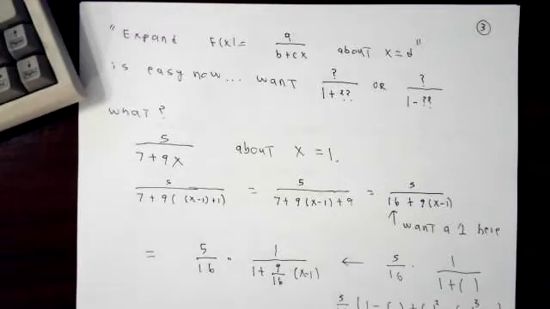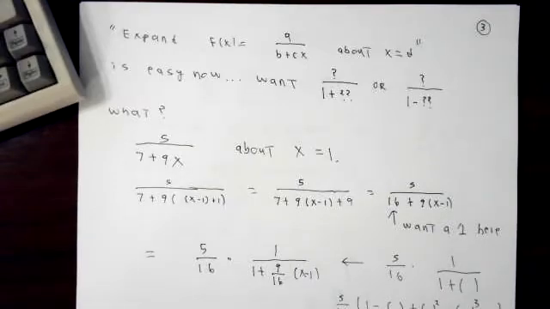While I'm at it, I'll factor the 5 out too. Factor 5 out on top and 16 out on the bottom, and you'll have 1 plus 9 over 16 times x minus 1 remaining. 1 over 1 plus something. We know a power series for that.